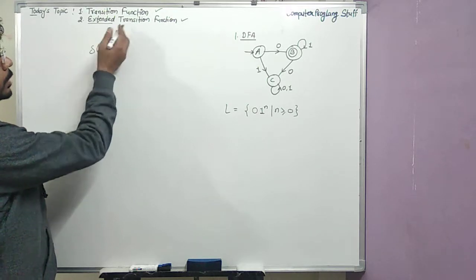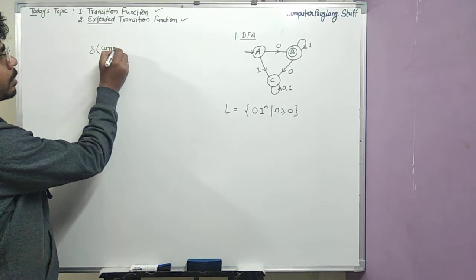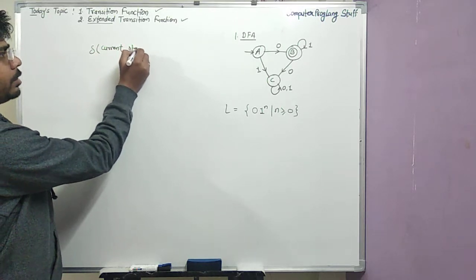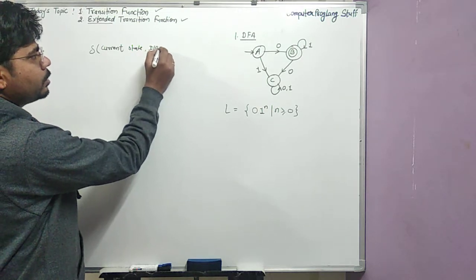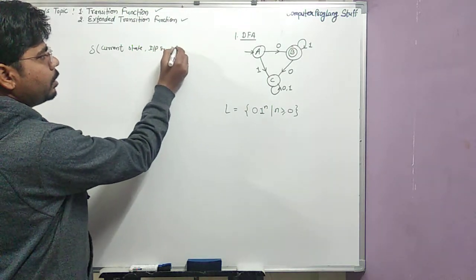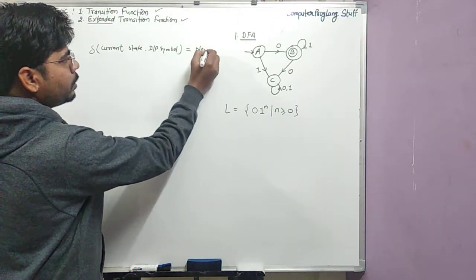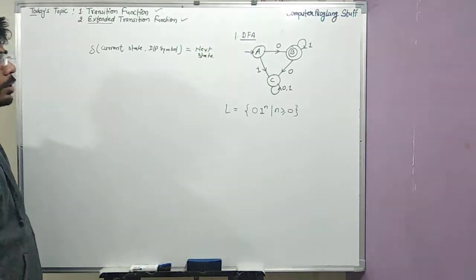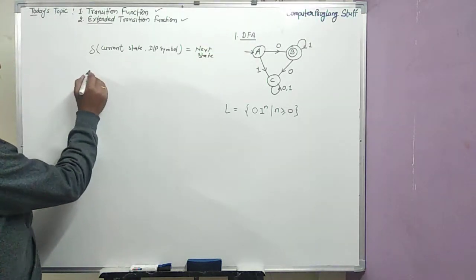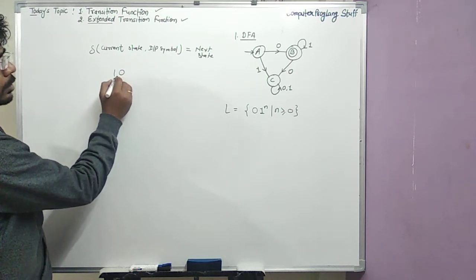Basically, how this works is that here we have the current state, here we have the input symbol, and after this transition you will get the next state.